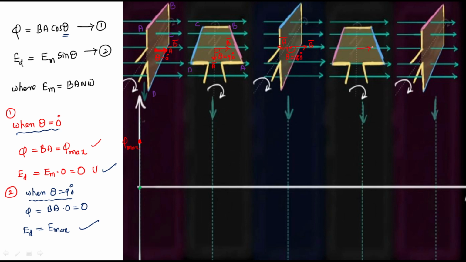Then this is the angle theta equals 270 degrees. Now B and A, theta equals 0 degrees. So this case and the first case are both equal.